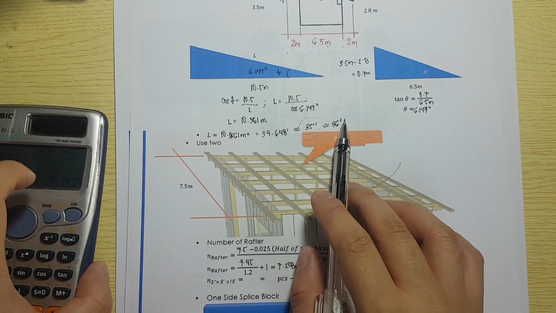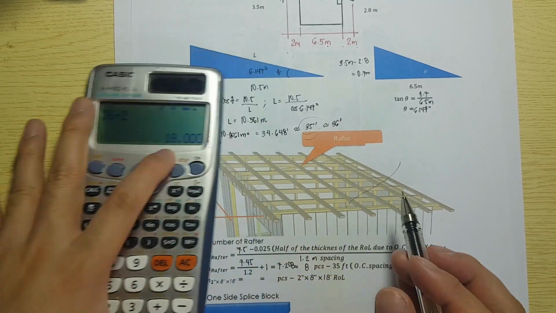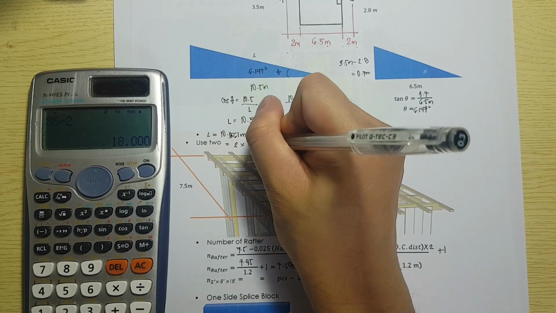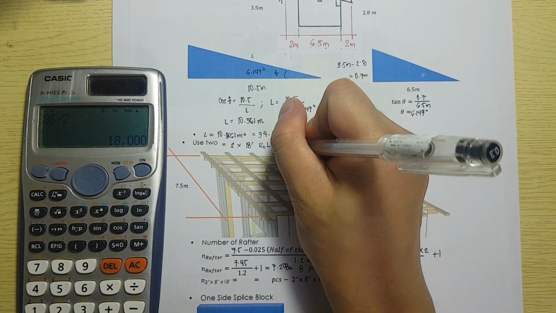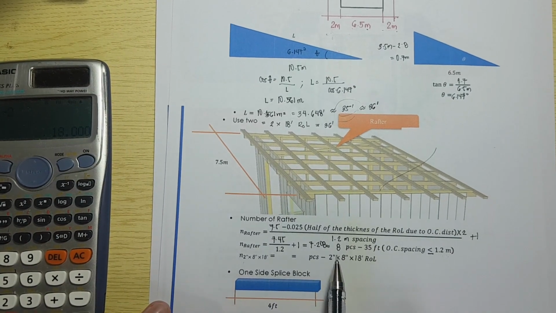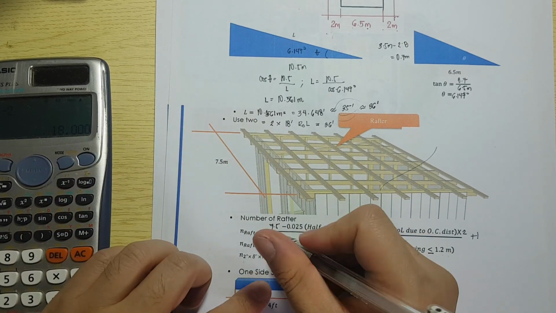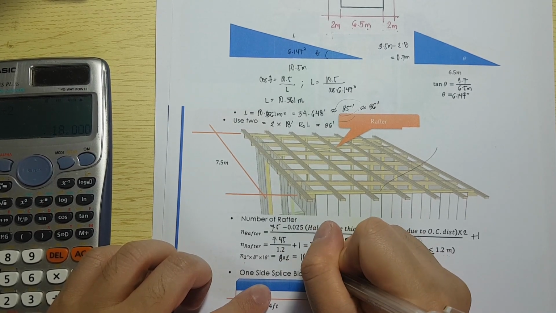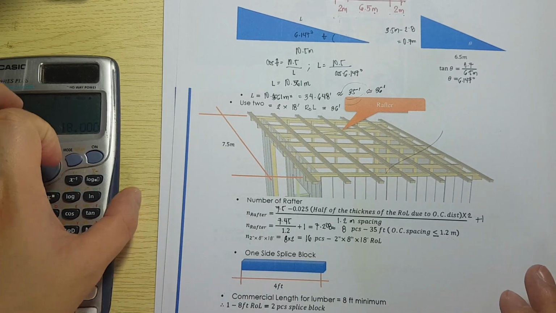So what combination can we use for 36 feet? 36 divided by 2, so we can use 18 feet rough lumber. 18 plus 18 is equivalent to 36 feet. So 8 times 2, we have 16. Okay, so we will be buying 16 pieces of 2-inch by 8-inch by 18 feet rough lumber. But we are not yet done.